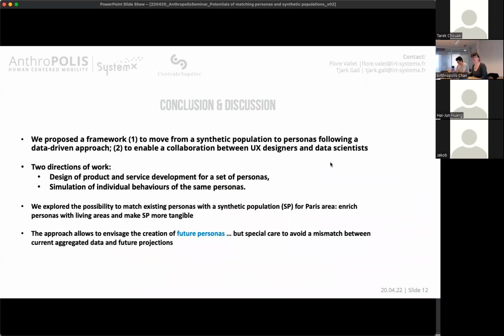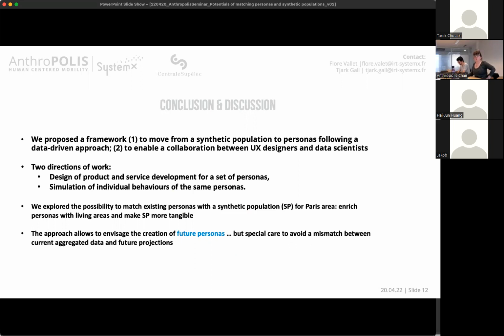Okay, so for this first part of the work, we proposed a framework to be able to navigate between synthetic population and personas, following a rather data-driven approach, the idea being to enable the collaboration between UX designers and data scientists.